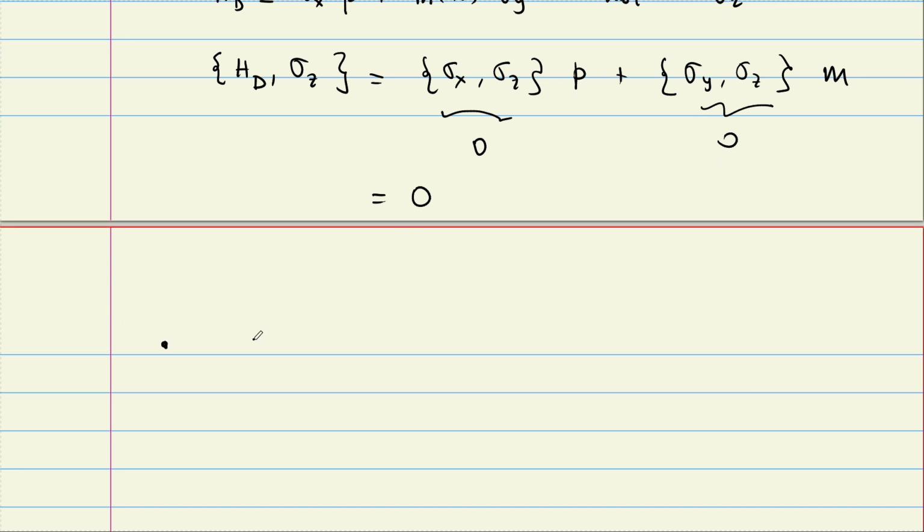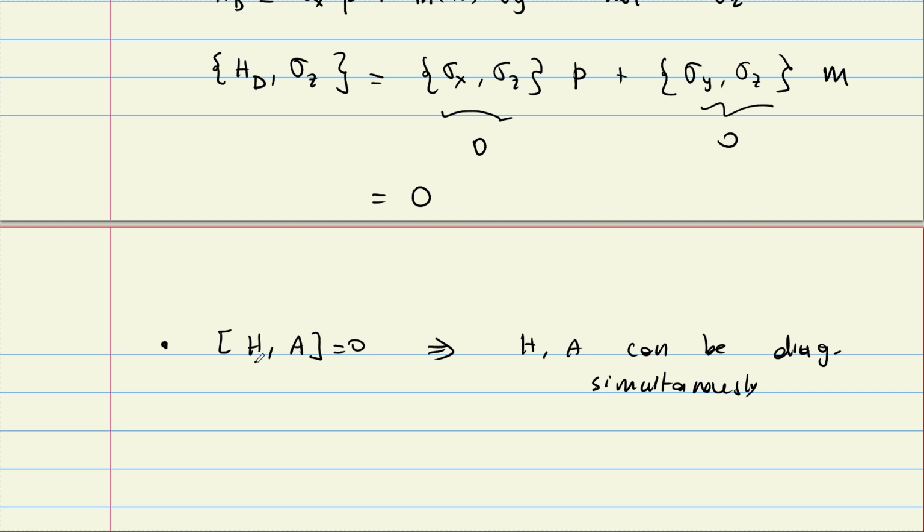However, in our symmetry arguments, we had the commutator of H and A equal to 0. If you can find an operator A that commutes with the Hamiltonian, we said H and A can be diagonalized simultaneously. But this is a commutation, right? Now we have anti-commutation.